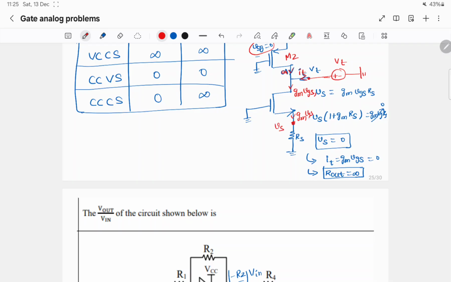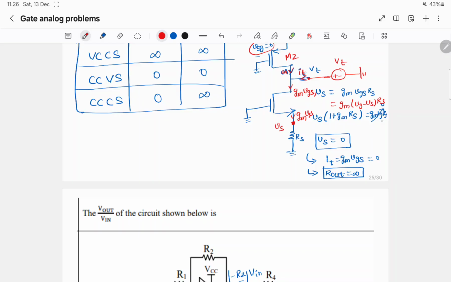Vs is GM VGS into Rs, so I can write this as GM times (Vg minus Vs) into Rs. I will bring the Vs term to this side, so it will be Vs into (1 plus GM Rs) equals GM Vg into Rs.